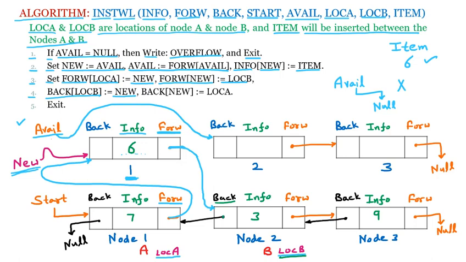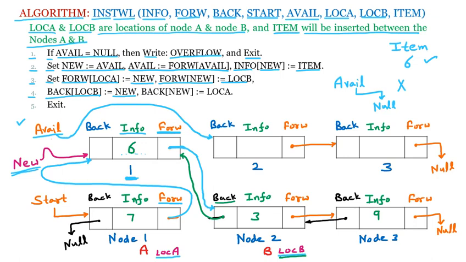So this pointer is now pointing to the new, and where is the new pointing? This is pointing to this one, because we know that the new is pointing to the node 1. So the backward pointer is now pointing to the node 1 here. So the backward side of location B we have already captured.